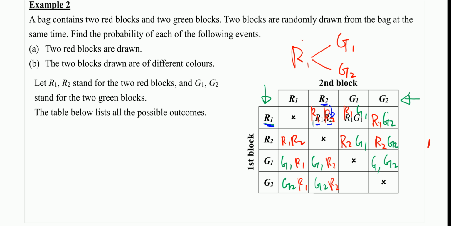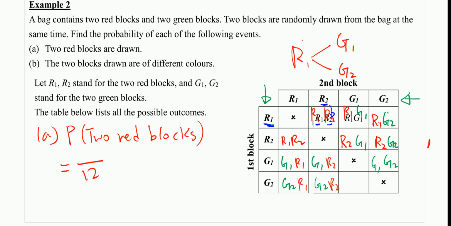Since in here, you know that there are 12 situations in total, and there are 2 situations you can obtain. This R2, R1, sorry, and so you can write that the probability should be 1/6.